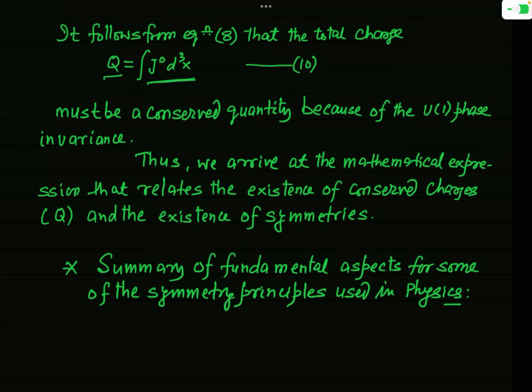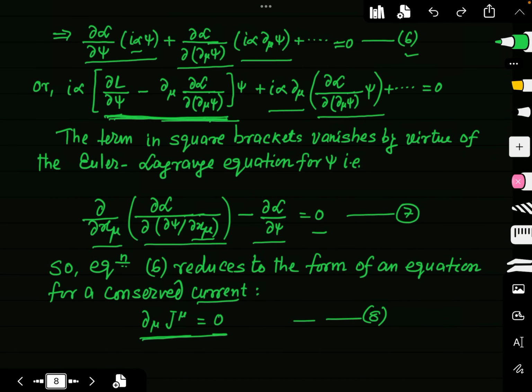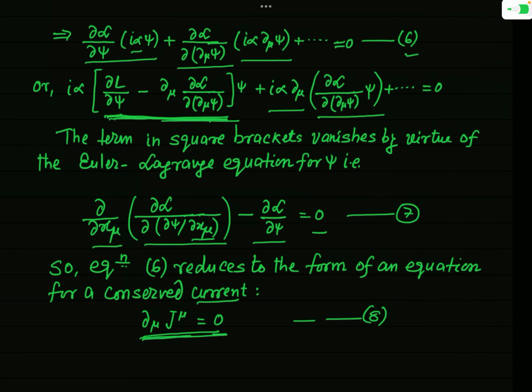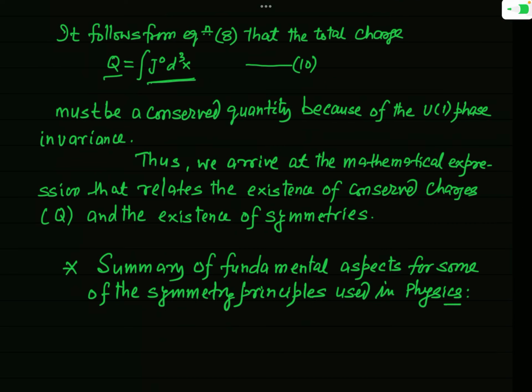Okay, and as this current is conserved, this equation refers that the total charge Q, which is just equal to the zeroth order moment of the current, will also be a conserved quantity, and this conservation is due to the U(1) phase invariance.